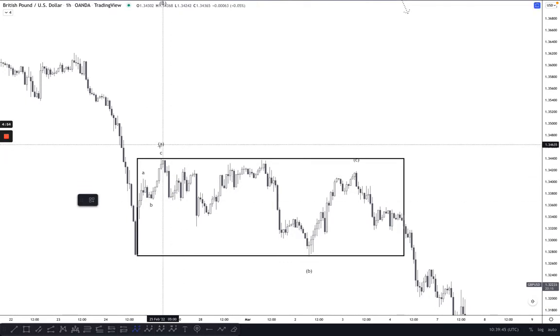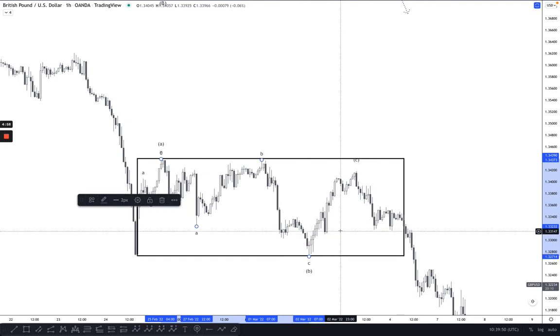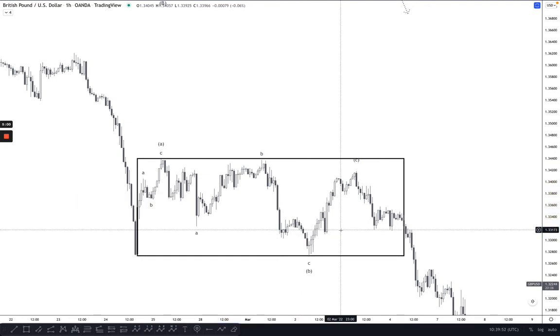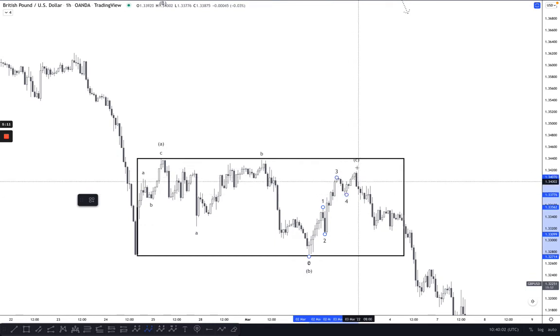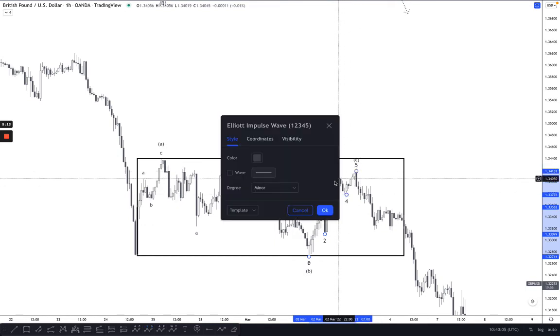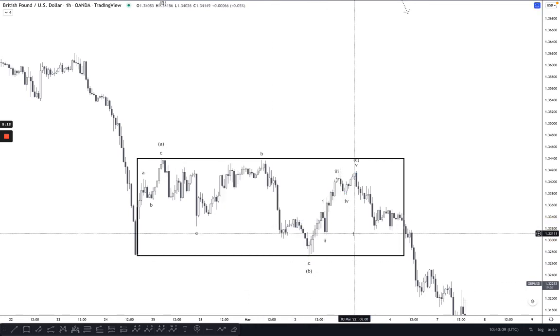So there we have A, B, and then C. And finally, within wave C, you have a 5-wave sequence to the upside. So that would be 1, 2, 3, 4, and then 5. There we are.